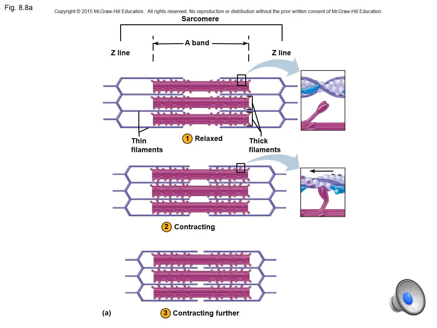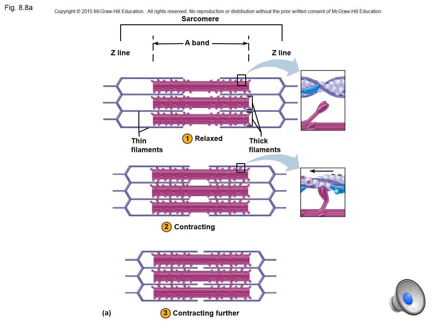So this is that picture that we've seen before, but I just wanted to remind you that when we're talking about contraction and relaxation, if we look at the whole sarcomere, the myosin heads are binding to the actin filaments and pulling those actin filaments in towards the center of the sarcomere, towards the M line.